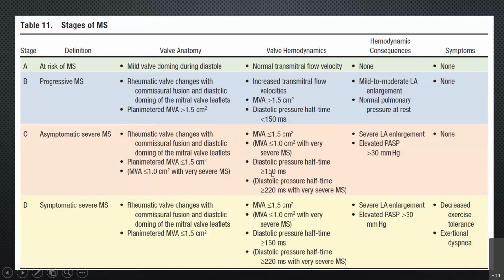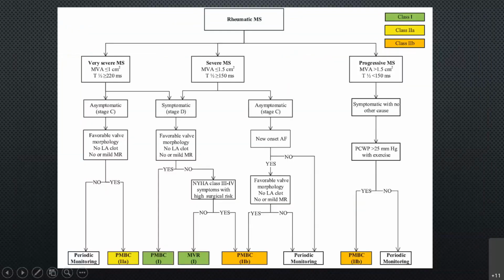If the pressure half time is over 150, it would be severe; over 220, it would be very severe. And again, elevated PA pressures. Symptoms or no symptoms. If they don't have symptoms, then you can perform a bike stress echo, and if the anatomy is favorable, then it's a class 2A indication to intervene. But if they're symptomatic, then it's a class 1 indication to intervene.